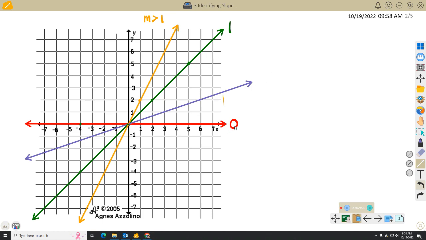So if you said anything that has a slope between 0 and 1 in this area, these would be fractional slopes. So in this case, slopes are what? Slopes are greater than 0, but less than 1. In this area, these are fractional slopes. And of course, positive.